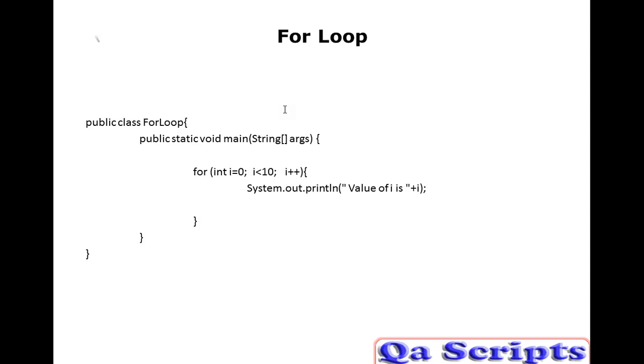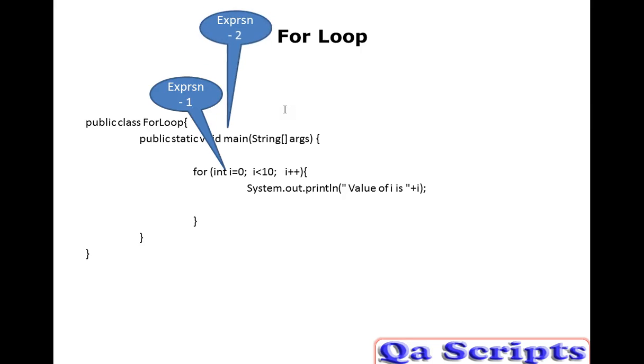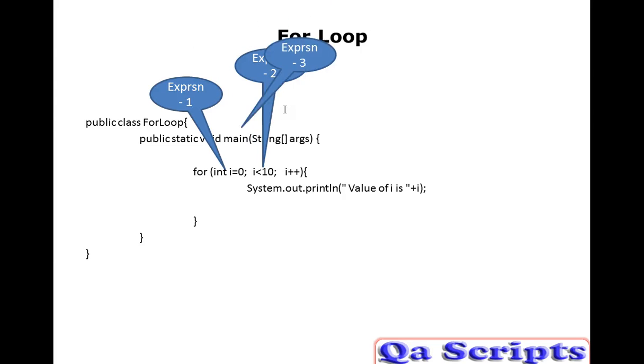Let me say, here is expression 1. The first time it starts execution, the execution pointer or JVM will look at expression 1 as well as expression 2, but it will not look at expression 3.